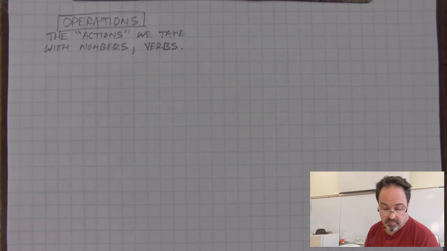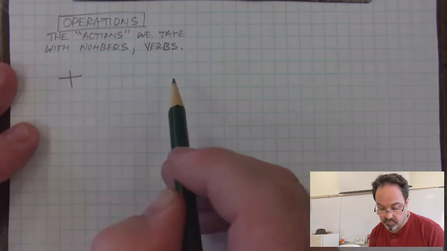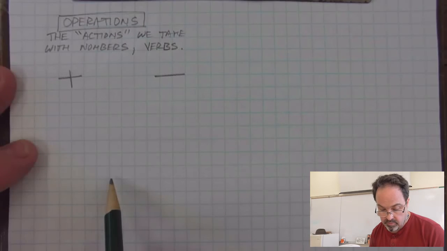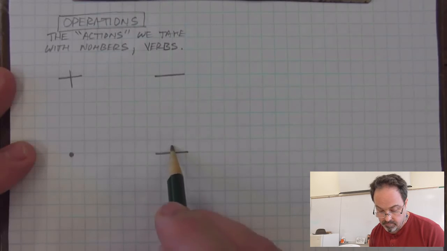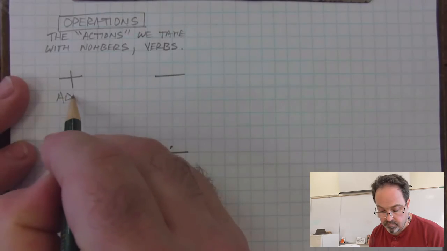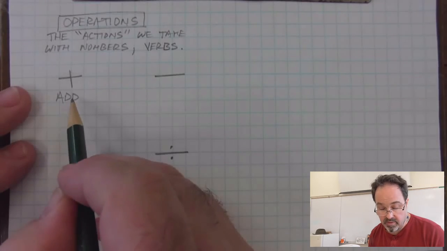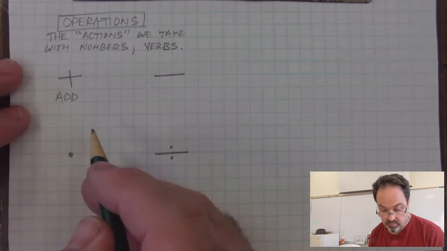The operations that we do with numbers is we add, subtract, multiply, and divide. And later on in other higher mathematics, we can think of other operations. But the four fundamental operations have symbols, and these symbols, the first is a symbol that means add, the action of combining the numbers.